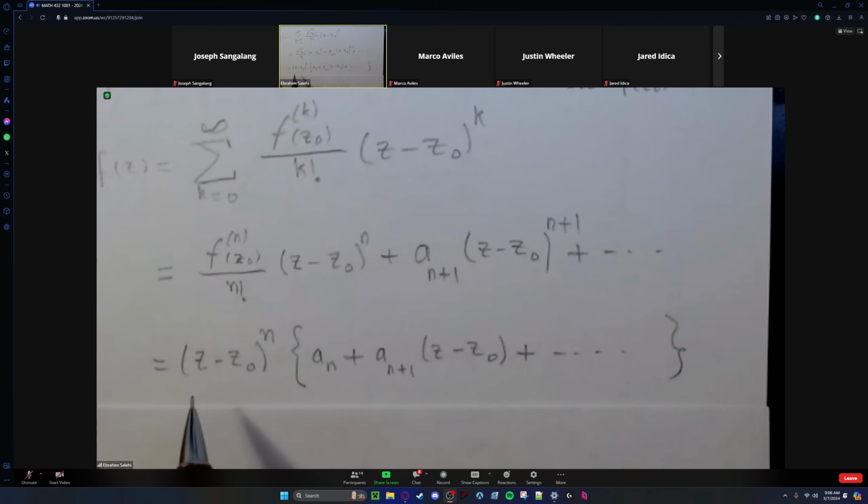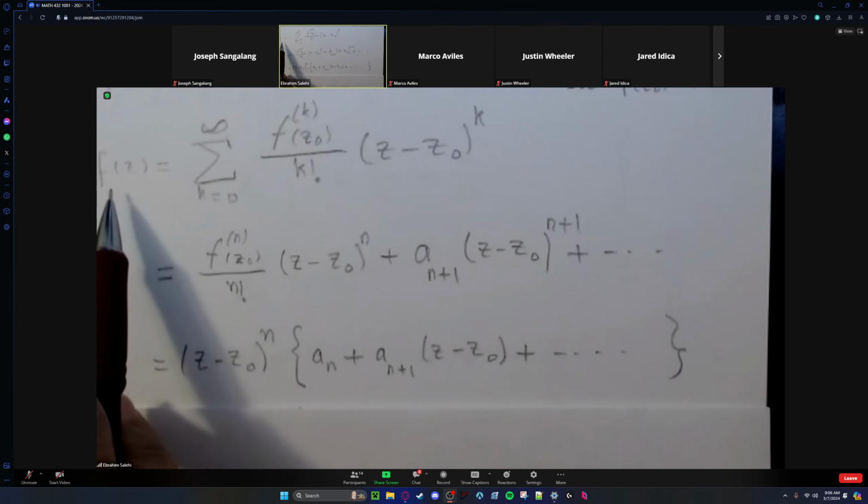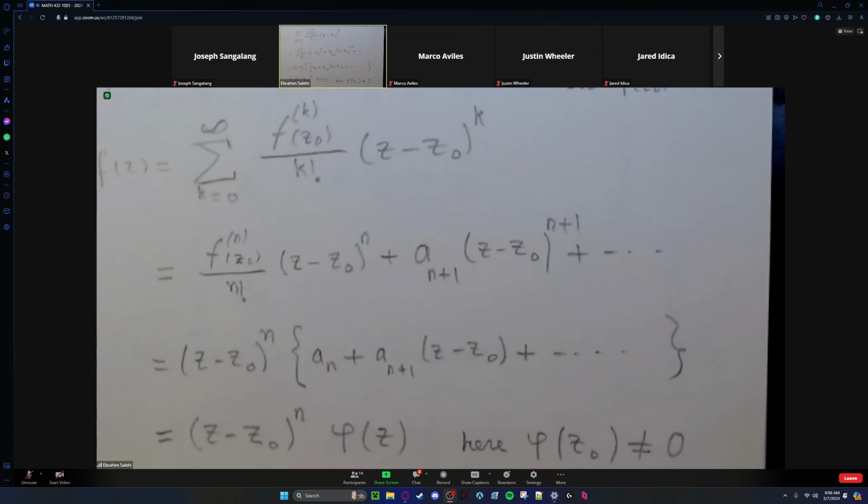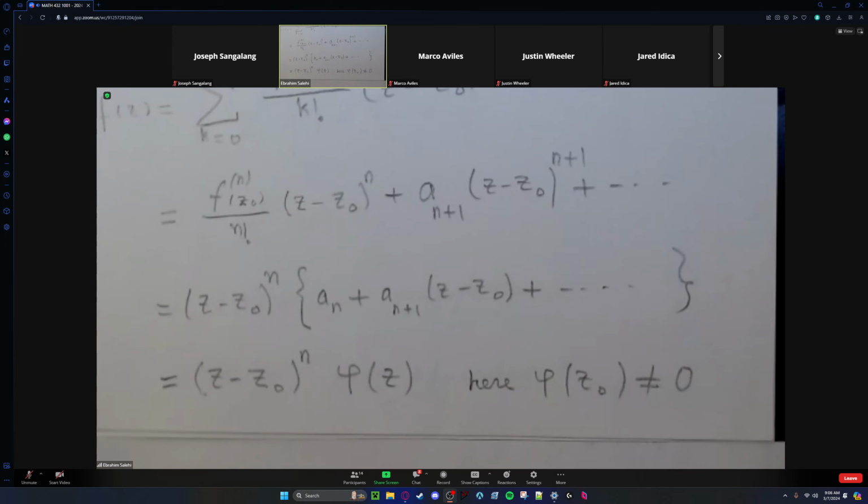It is a zero of order n if the function can be written in this fashion: a factor of z minus z naught to the n times an analytic function that is not 0 at this point.